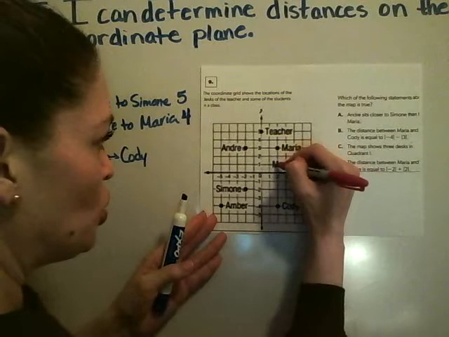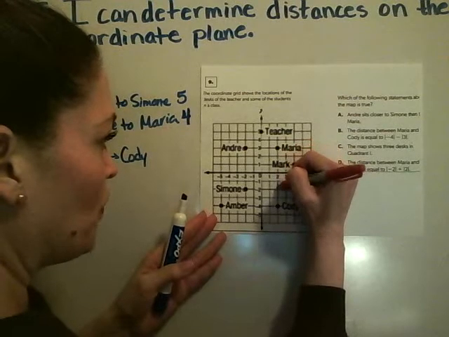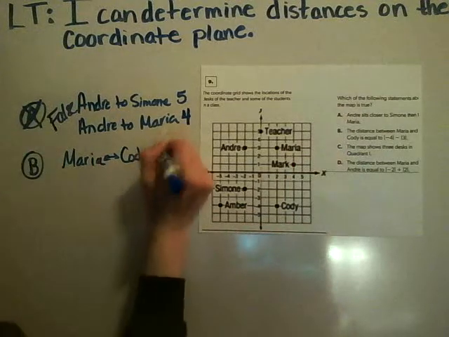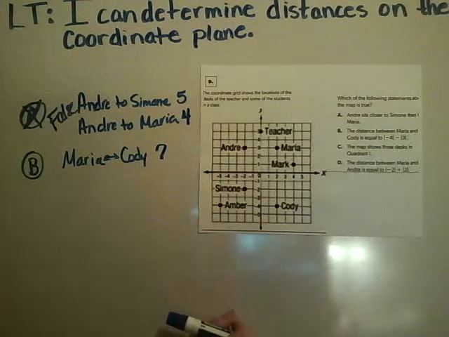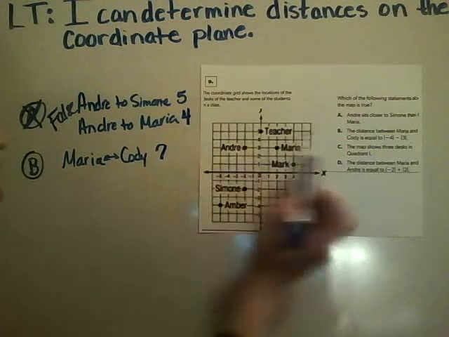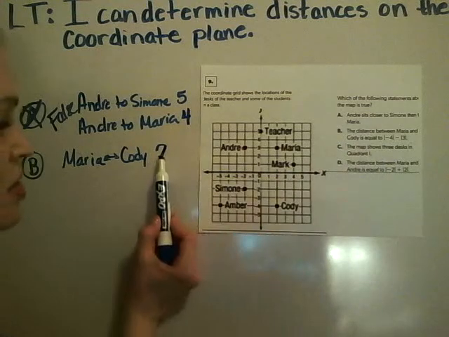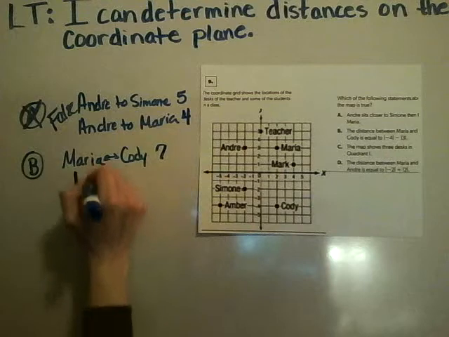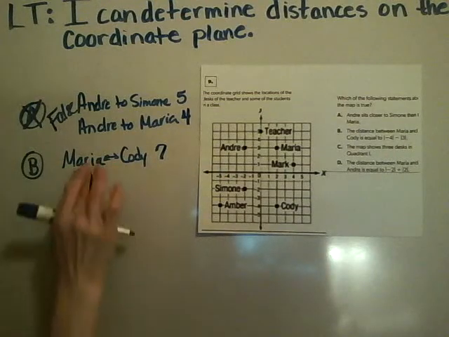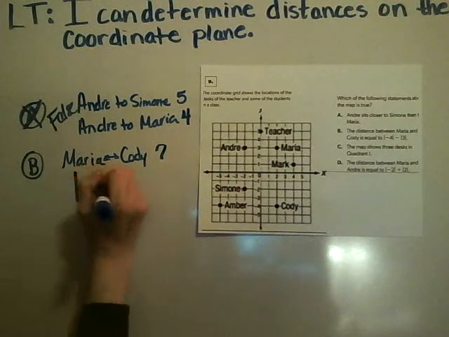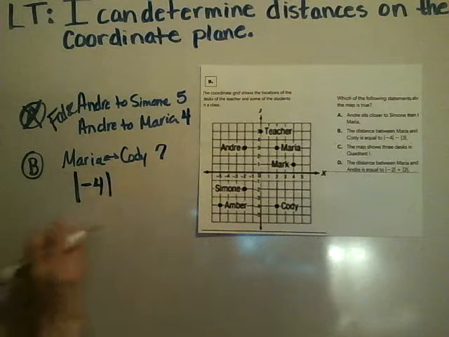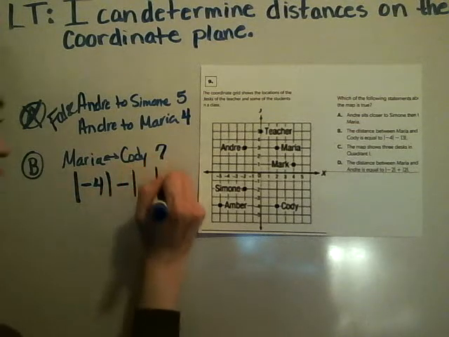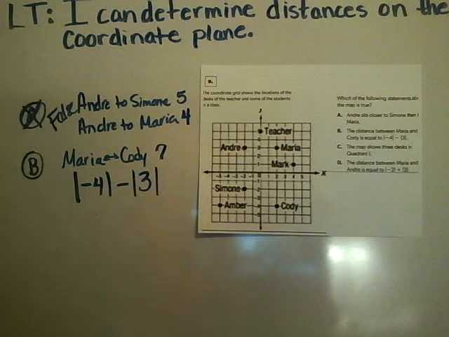That's 1, 2, 3, 4, 5, 6, 7. So Maria and Cody are 7 units apart. But it says that that distance, the distance of 7, is equal to the absolute value of -4 minus the absolute value of 3.